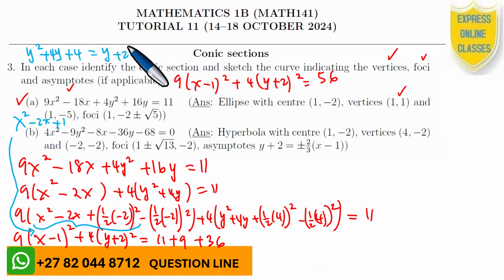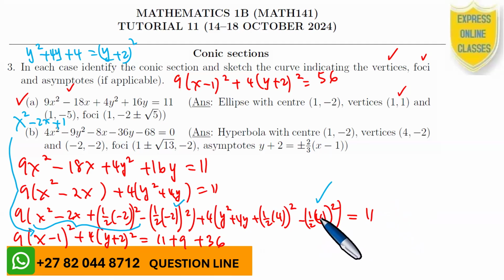The factors of this become (y plus 2) squared. But there are these extra things. Half of -2 is -1. You square it, it becomes 1. But you multiply, it becomes -1, obviously. You multiply by 9, it becomes -9. You move it across, it becomes 11 plus 9.